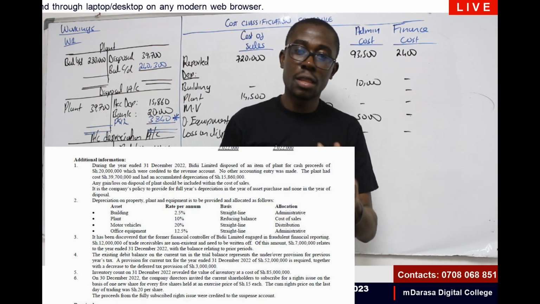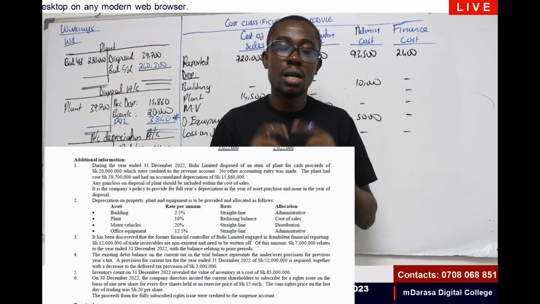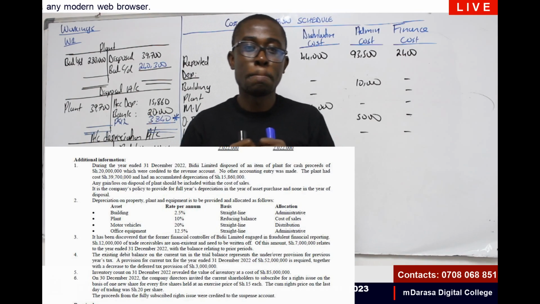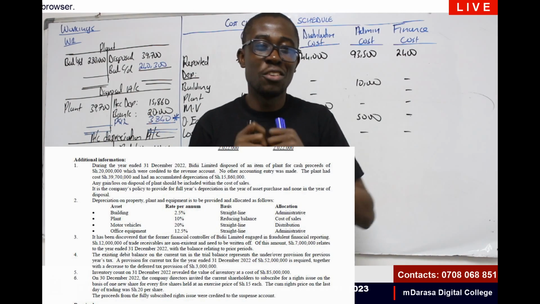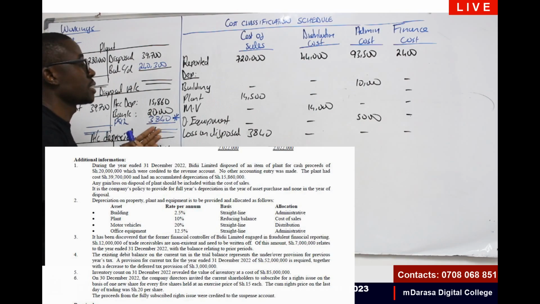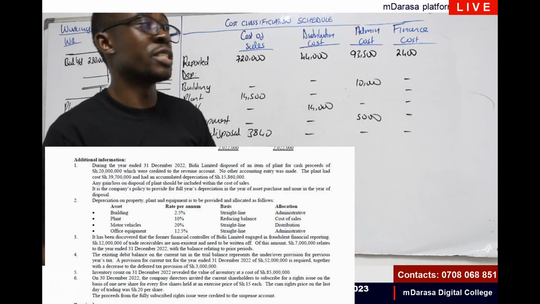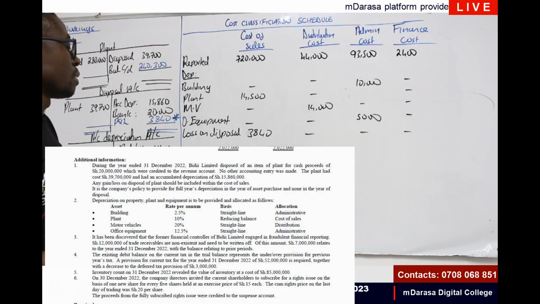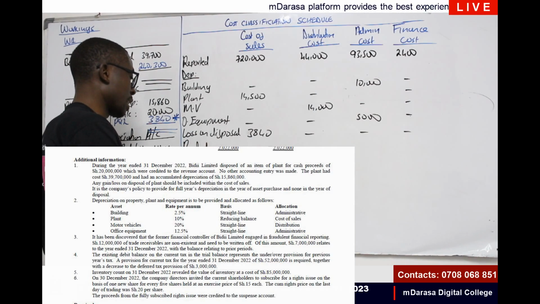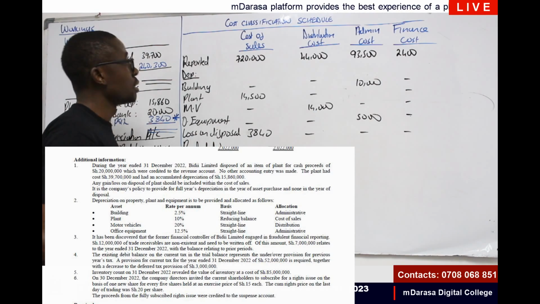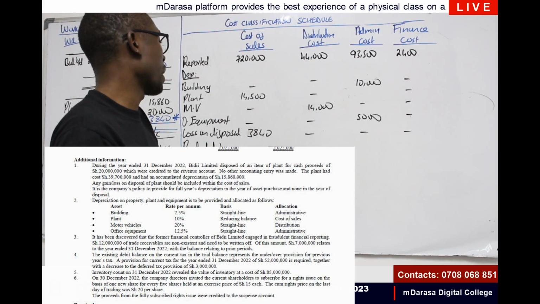So like these bad debts, the one that related to this current year was a value of 7,000. So the question will be, where are we going to set this 7,000? In which component of cost? Remember, you can set it in either cost of sales, distribution cost, admin cost, or finance cost, whichever you deem fit. Between cost of sales, distribution cost and admin cost, ideally, where are you going to place it?